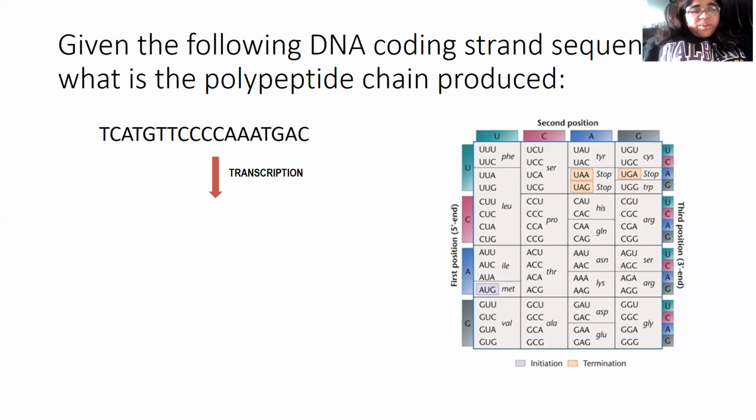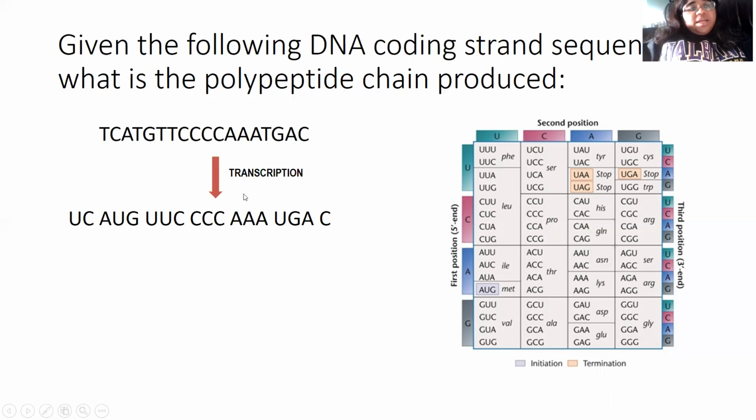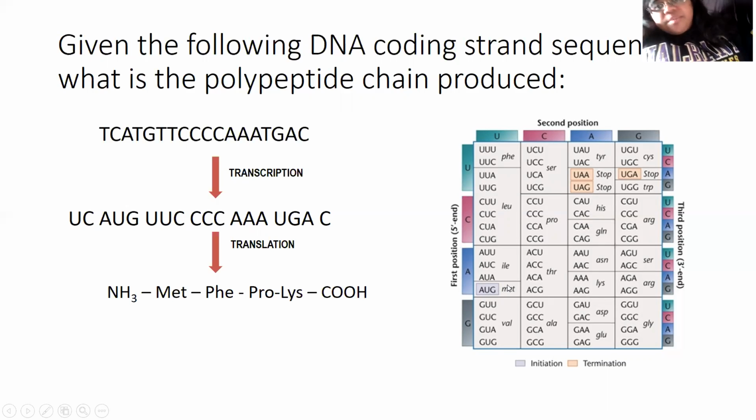So since we have this coding strand, we only have to change the T's to a U, and we end up with our mRNA strand for this guy. And then you want to translate it. When you translate it, you see AUG is methionine, right? AUG, our wonderful start codon that we love.